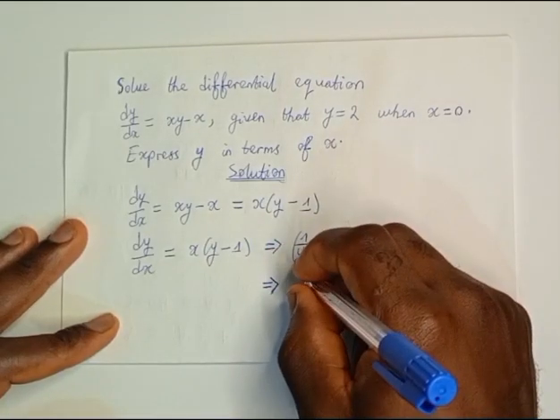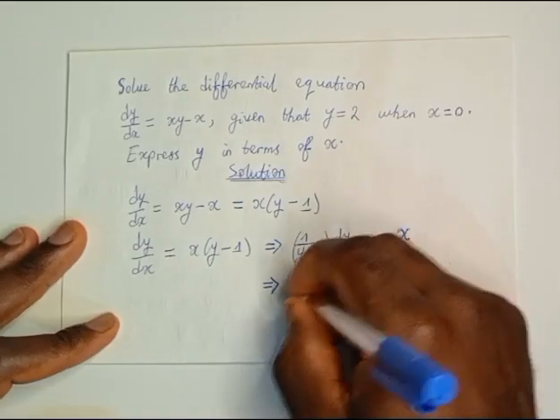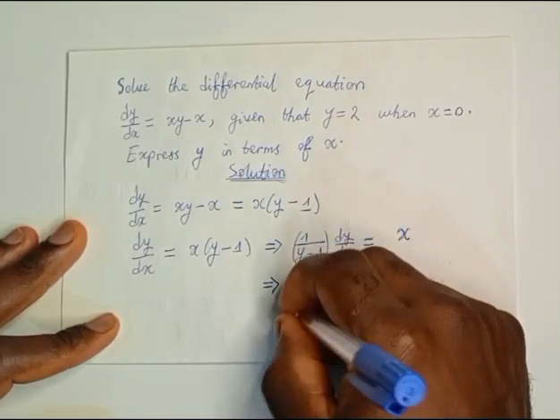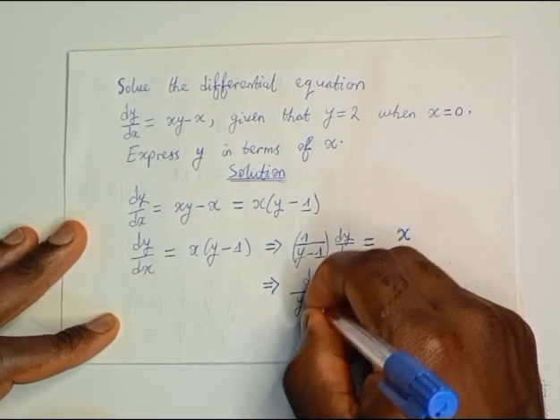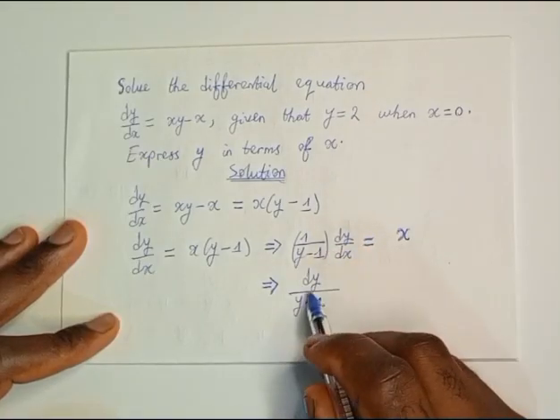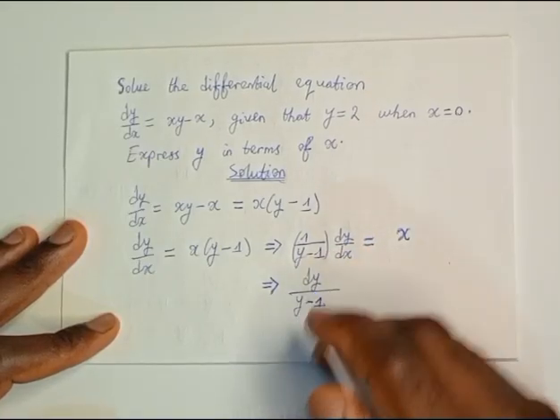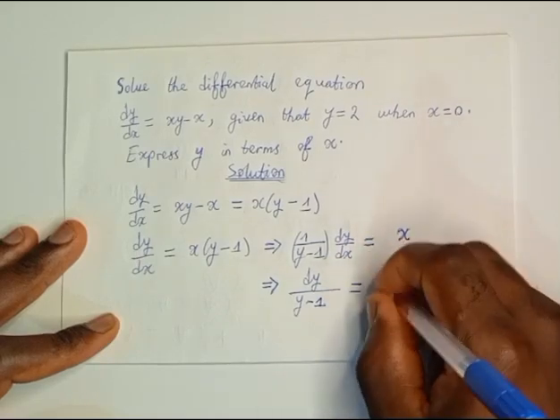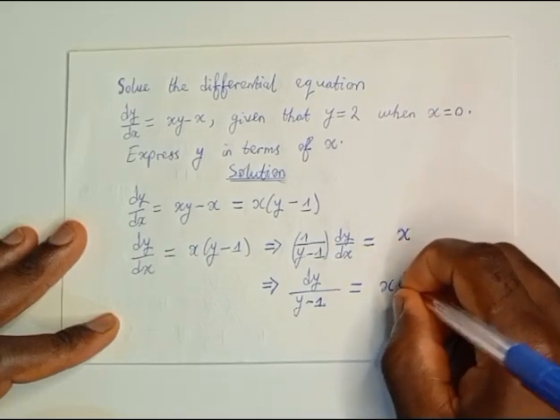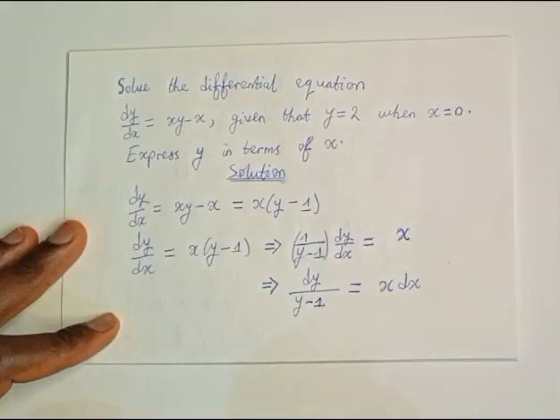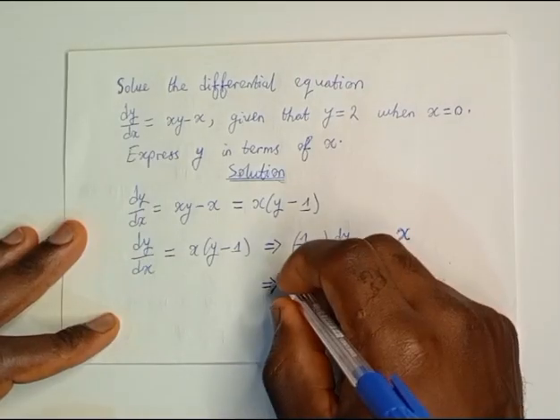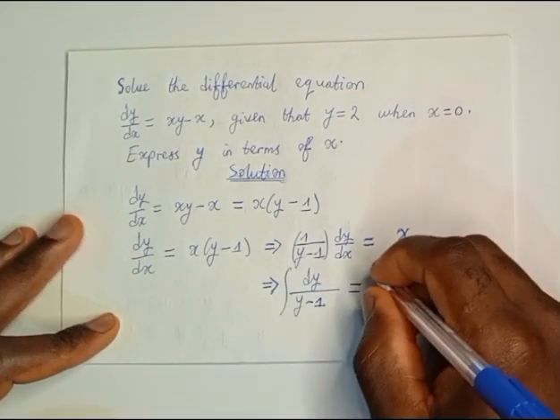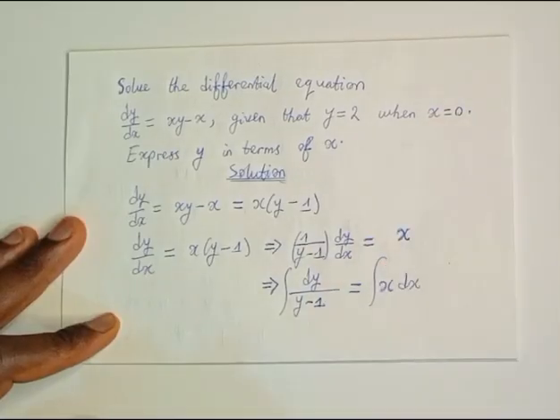This will give us dy over y - 1. Since we have to integrate this with respect to y, it will be equal to x dx, which we integrate with respect to x. We put the integration sign.